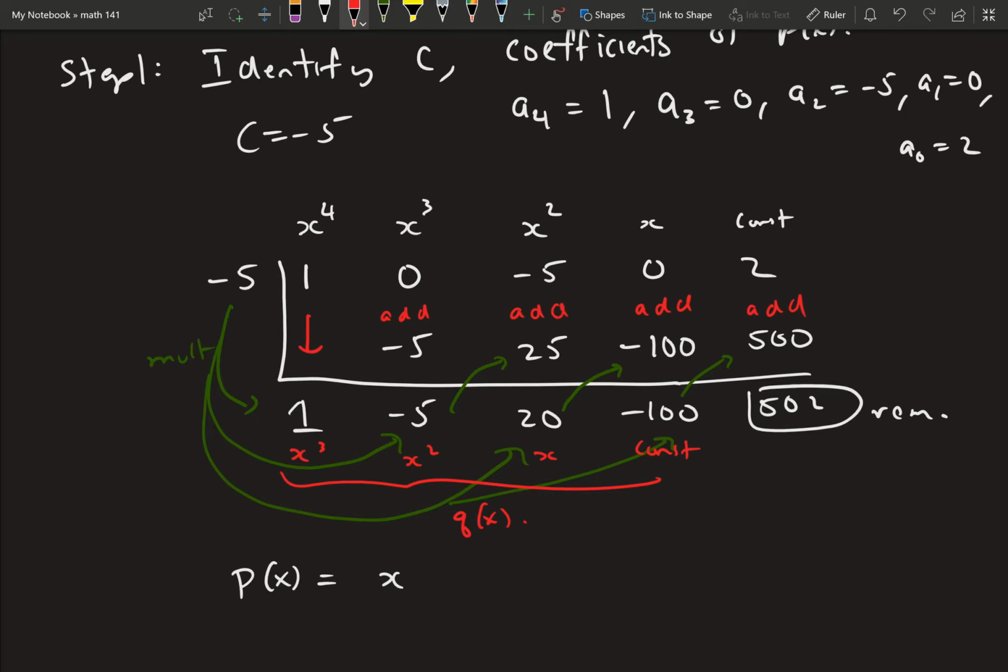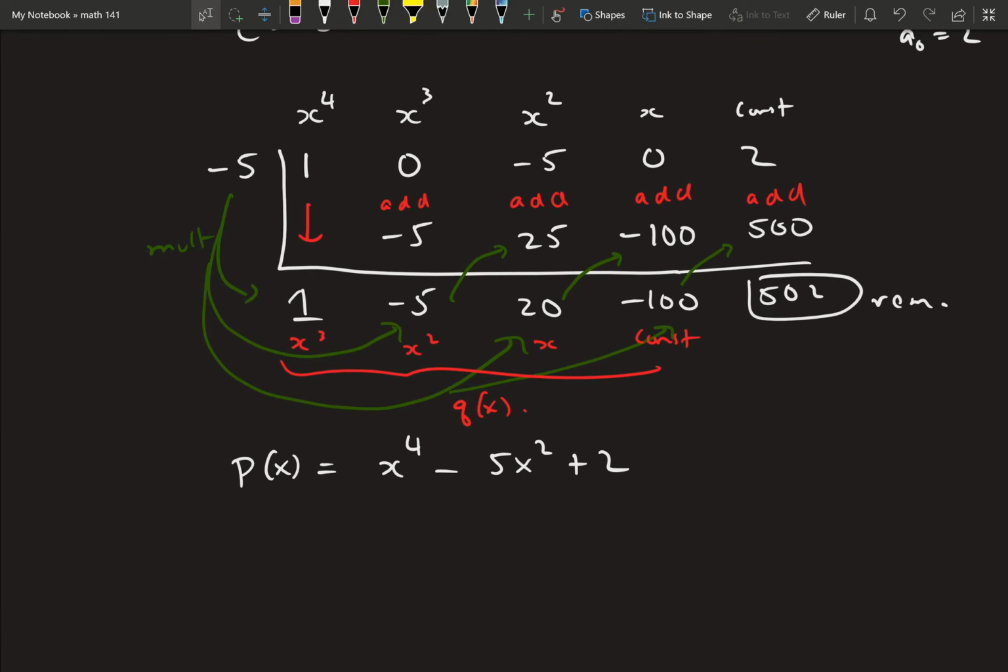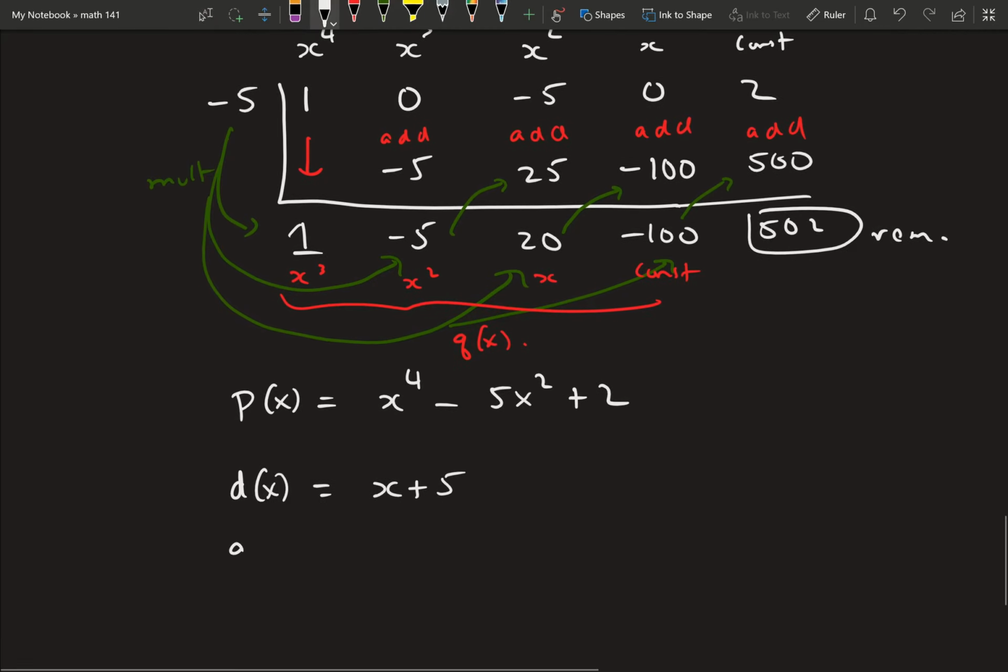So if p of x is x to the fourth minus 5x squared plus 2, and d of x is x plus 5, then q of x is going to be the quotient when you divide p of x by d of x. This is going to be 1x cubed minus 5x squared plus 20x minus 100.